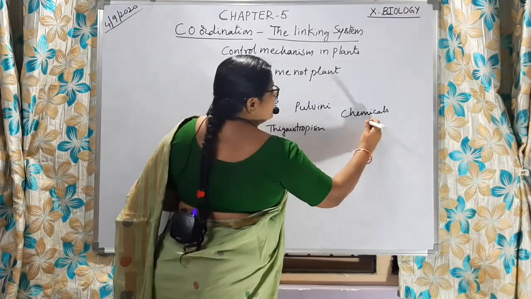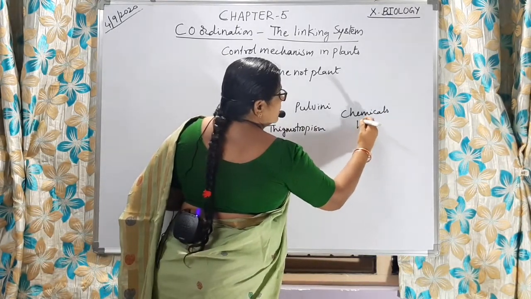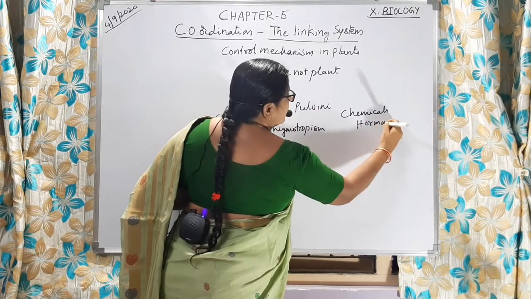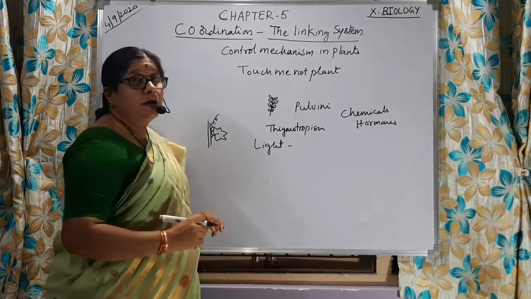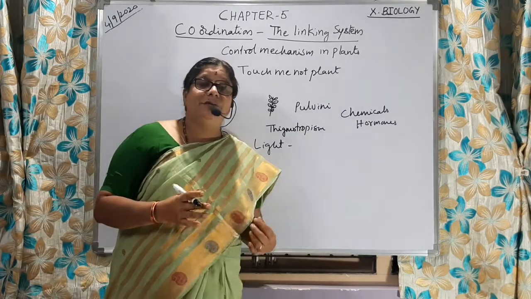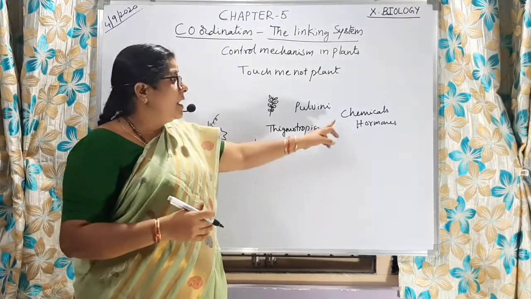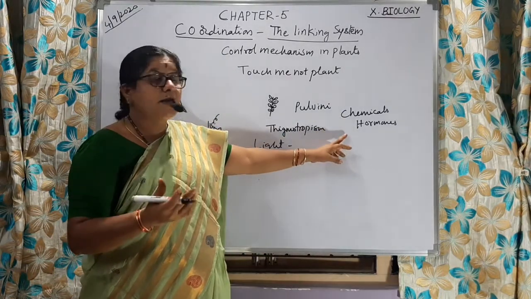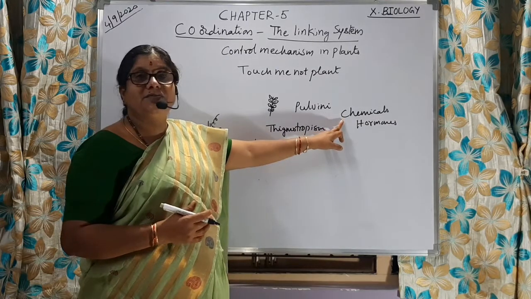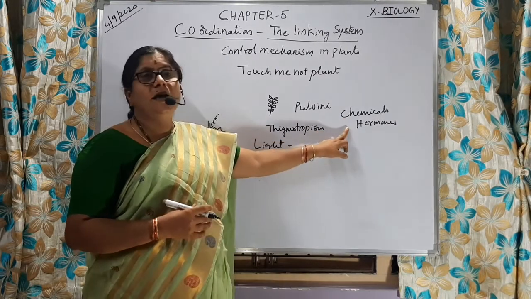These chemicals are called hormones, which help especially in growth, development, and controlling other aspects. All that is happening because of chemicals present in the plants.